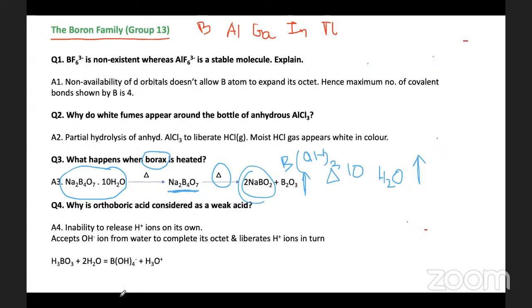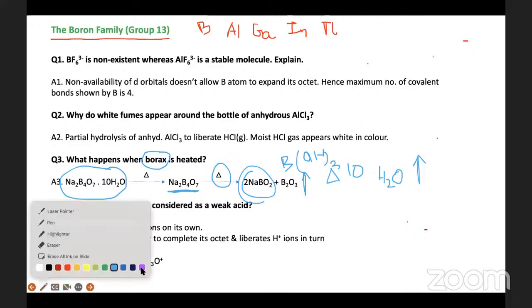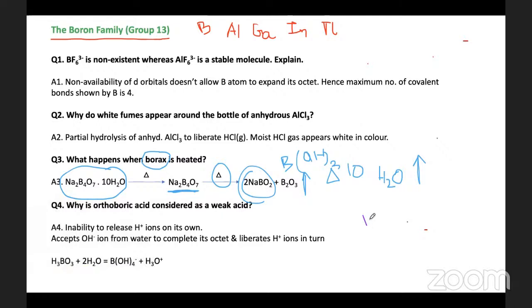The last question in this slide is why is orthoboric acid considered as a weak acid? So orthoboric acid or boric acid are essentially the same. We can denote orthoboric acid as H3BO3, or we can also say it is B(OH)3.